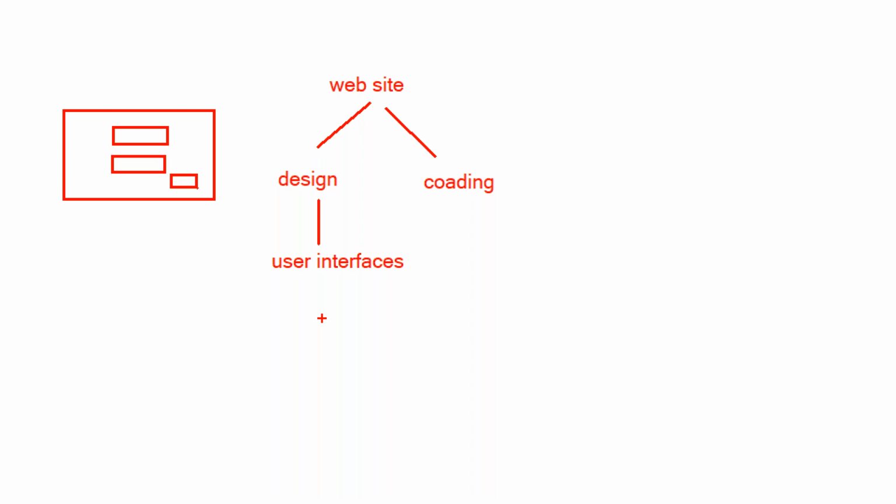From the user interface point of view, we are using technologies like HTML and CSS to design the front pages. Now come to the coding concept. In coding, we take the support of different technologies.